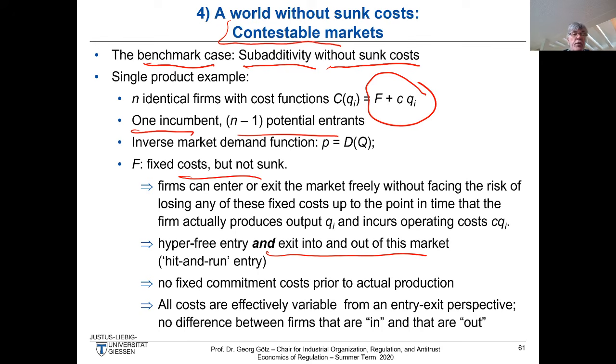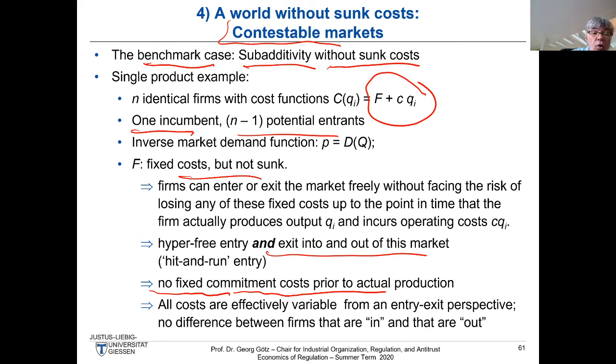Okay, so the point is, and this sounds very speculative and rather theoretical, and that's a common criticism of this theory, but I will get back to that. But the point is, it really assumes that we do not have fixed commitment costs prior to actual production. So you don't have costs for your aircraft previously.